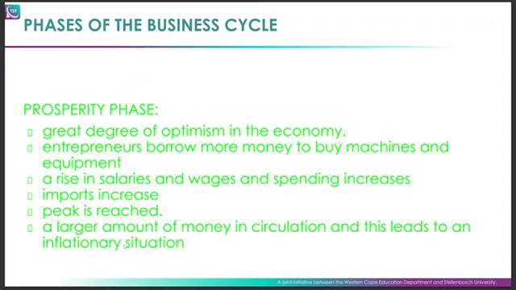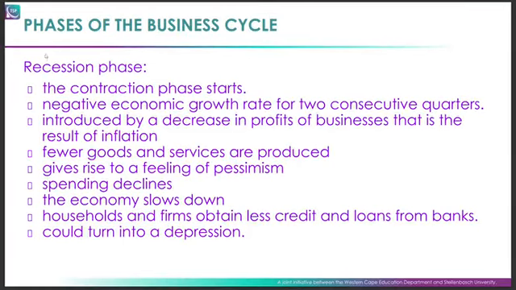And remember, inflation is about the increase in prices. One of the things that government is very strict on is that they want stable prices. They don't want these high price increases. So with all of this money in circulation during the prosperity phase, it leads to an inflationary situation, which will then cause a contraction phase to get started.